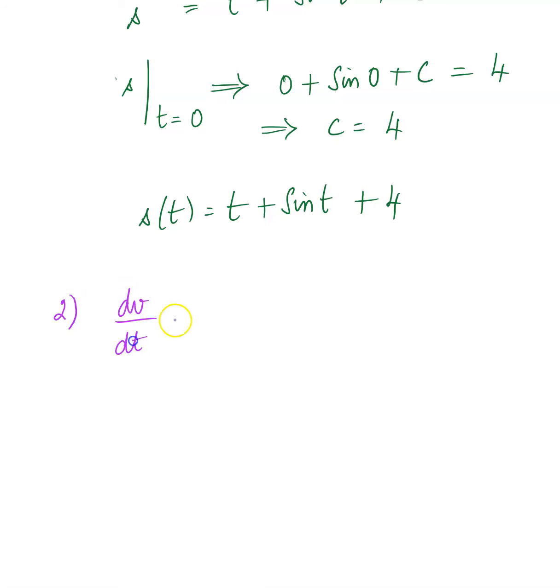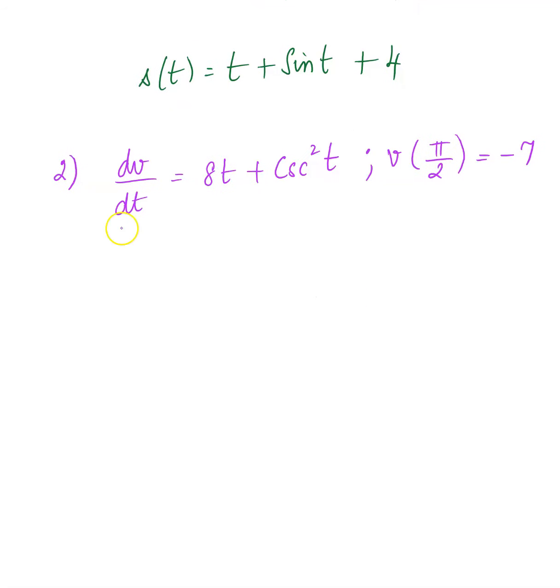dv over dt is 8t plus cosecant squared t, and v of pi over 2 is given to be negative 7. So we're going to practice using the crisp notation. So I'm not going to give too much of an explanation. I want you to just watch me do this.